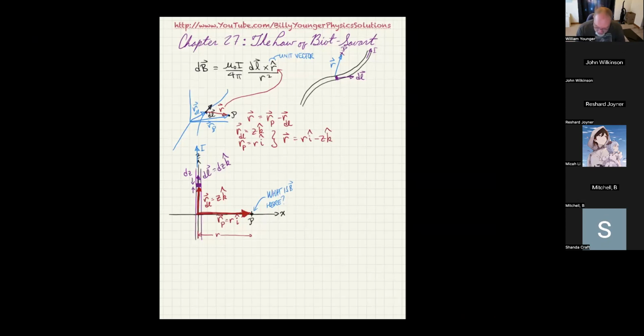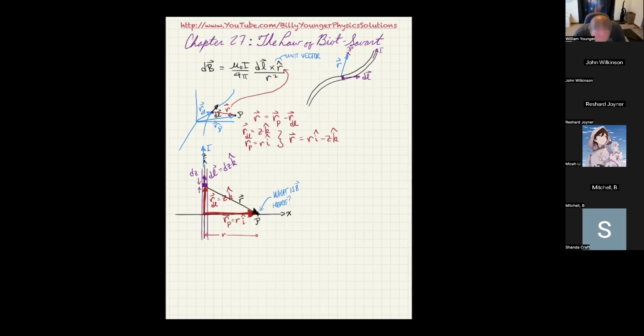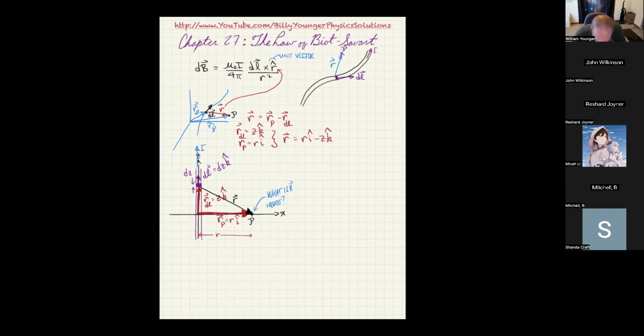Now I'm going to draw this vector in black this time. This vector right here is the actual r vector in the formula, the r that we just calculated as r i hat minus z k hat.